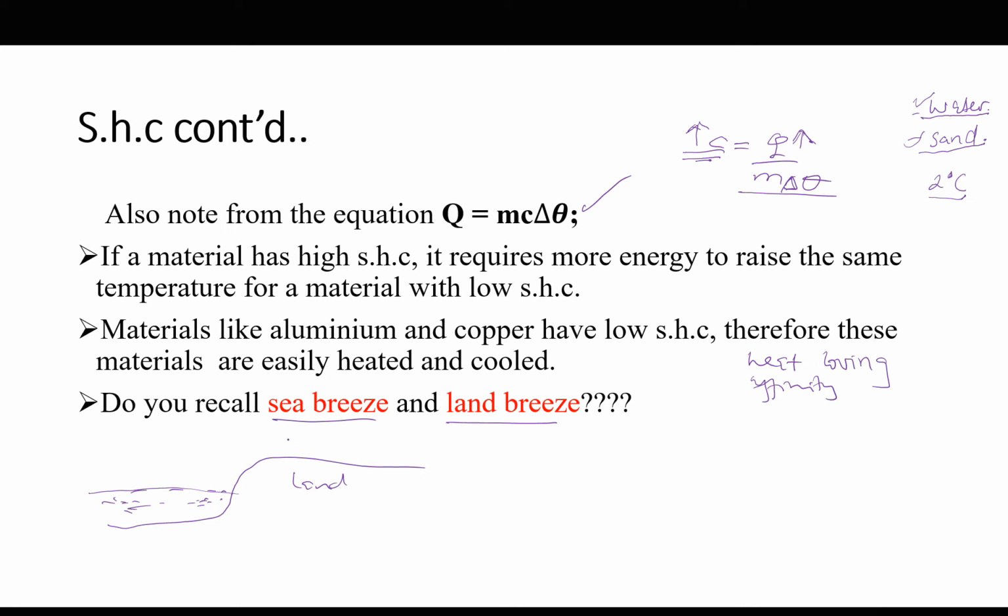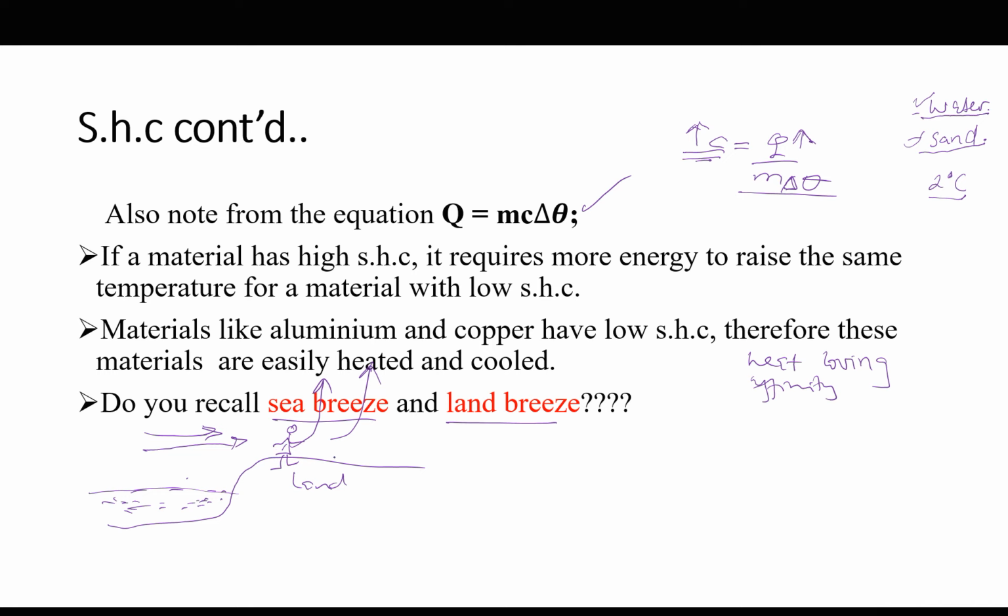There is more warm air above the land than the sea, so warm air, being less dense, rises up. When warm air rises up, it gives room for cool air to blow towards the land. This cool air from above the water is the one you feel blowing towards you when you are standing here on the shores. So this is what we call a sea breeze.